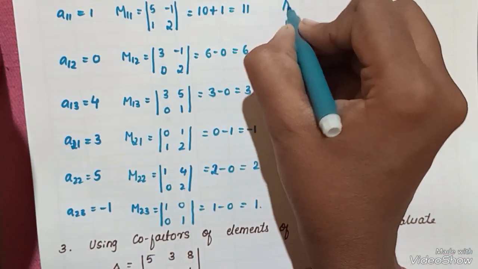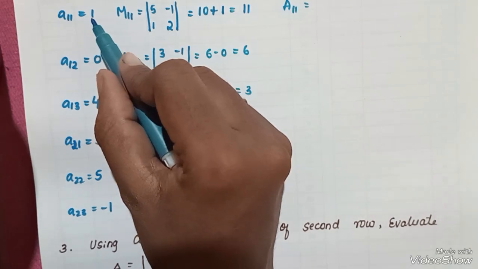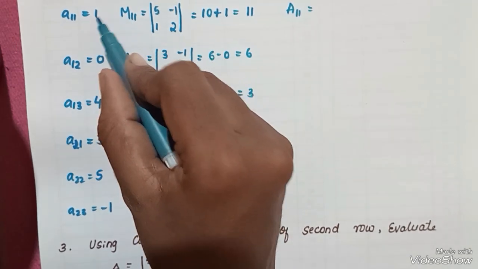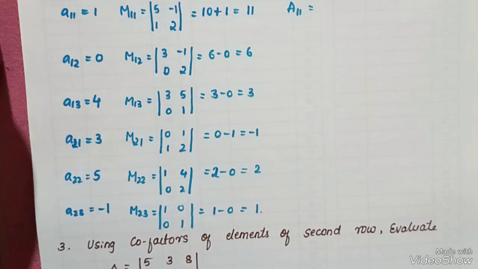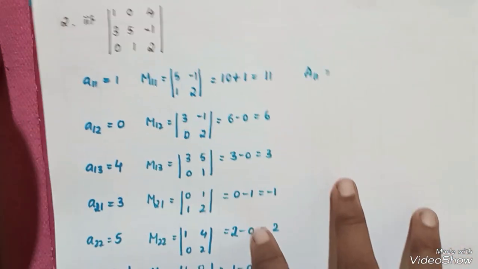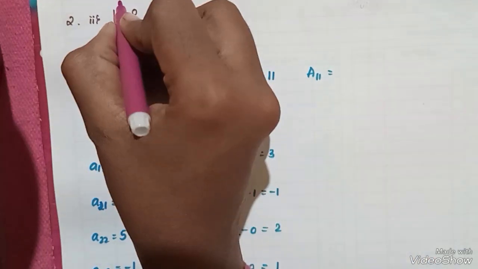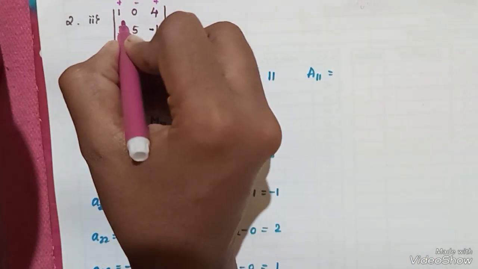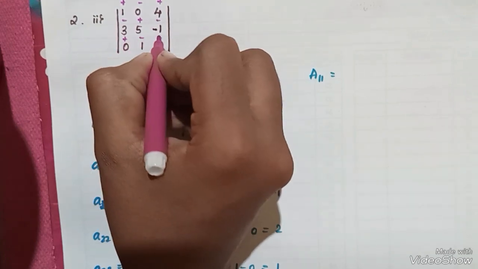Next, the cofactor of an element 1. Here the minor of the element 1 is 11. For finding the cofactor we have to multiply by the sign. Here the signs are plus, minus, plus, minus, plus, minus, plus, minus, plus.